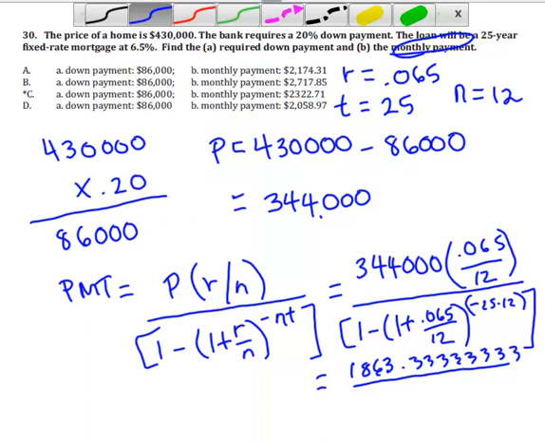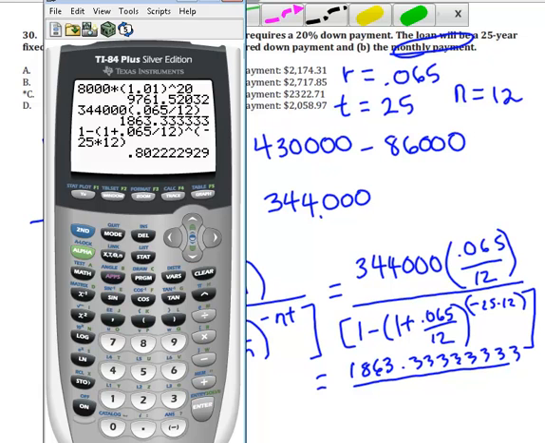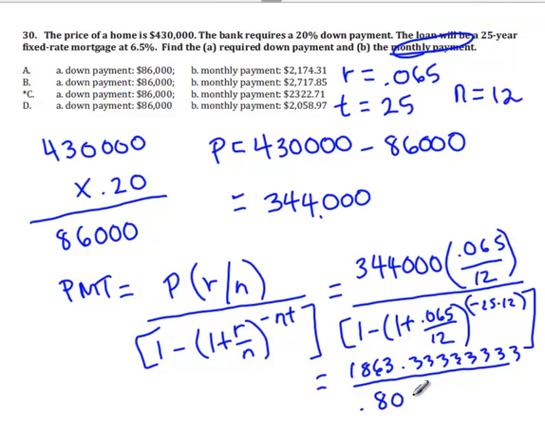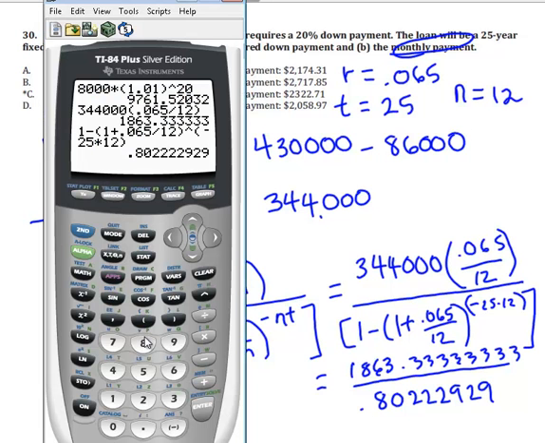So the value that I got there needs to go in my denominator, 0.802222929. Carry it out as many decimal places as you see on the screen.